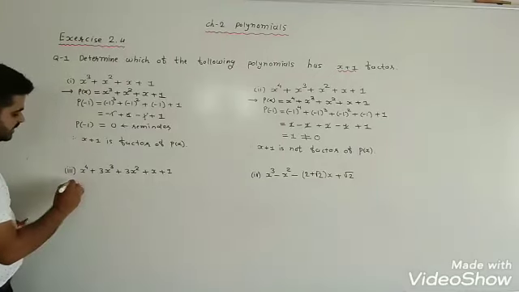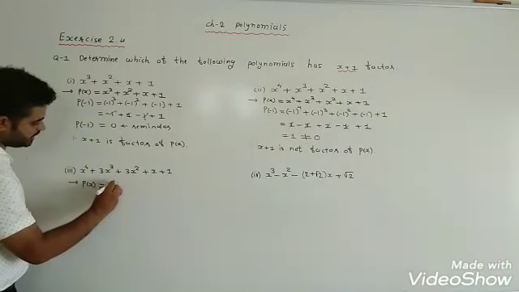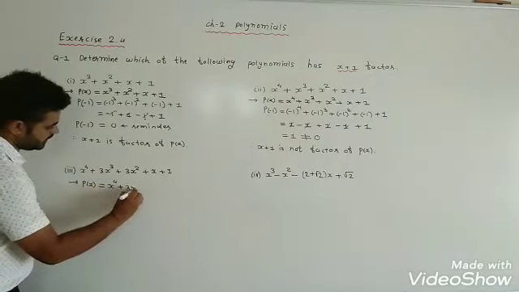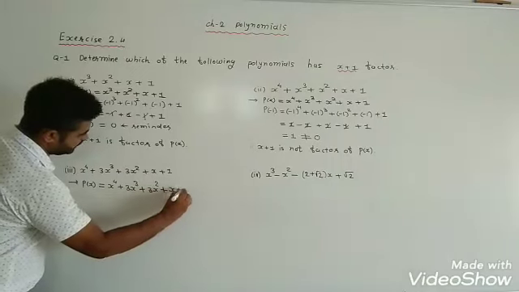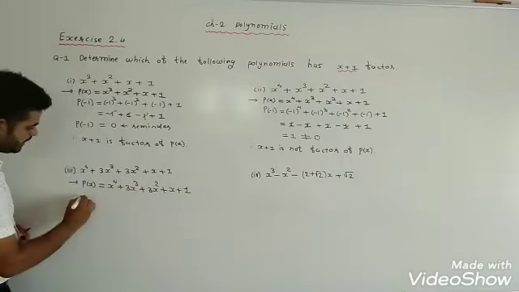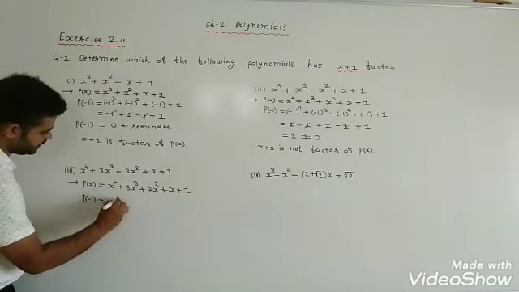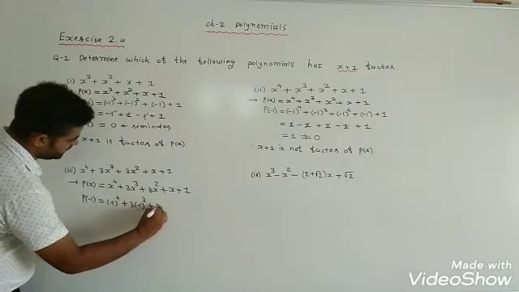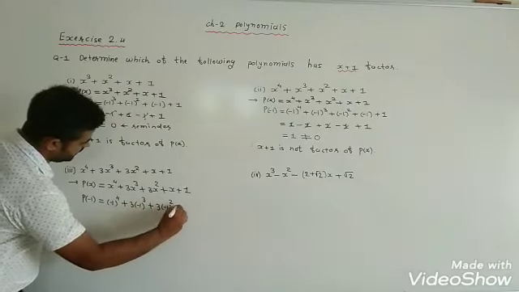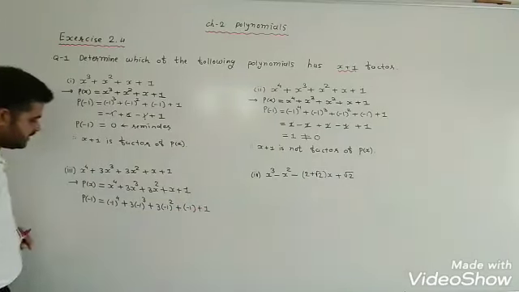Look at question number 3. We have p of x equal to x raised to 4 plus 3x cube plus 3x square plus x plus 1. Now p of minus 1 is equal to minus 1 raised to 4 plus 3 into minus 1 cube plus 3 into minus 1 square plus minus 1 plus 1.